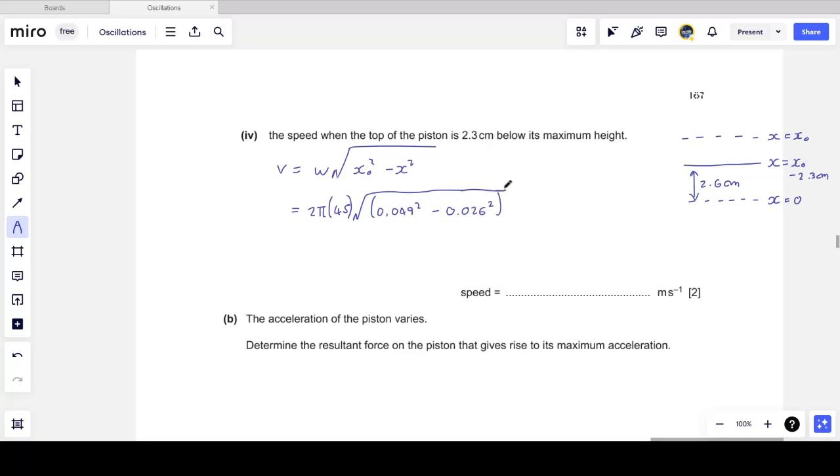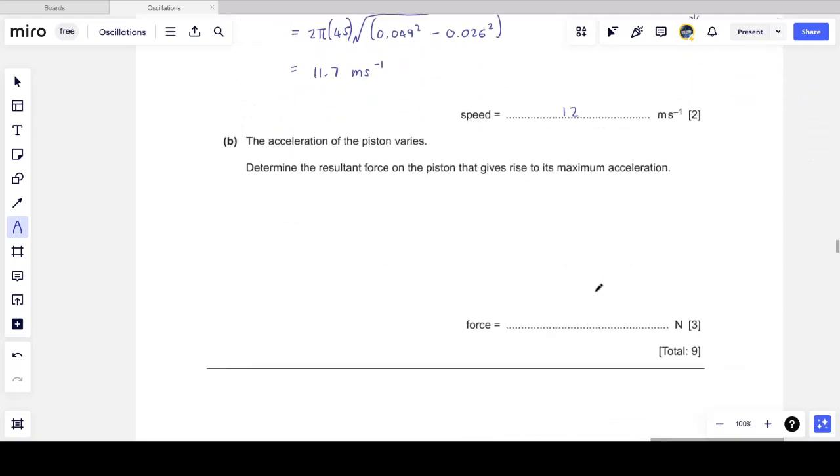If you use 0.023, you wouldn't be calculating the displacement. You'd be calculating the distance from the maximum height, from the amplitude, which would be the incorrect displacement. And so the speed I'll calculate to be, it must be less than the maximum speed, obviously, 11.7 meters per second, or 12 meters per second.